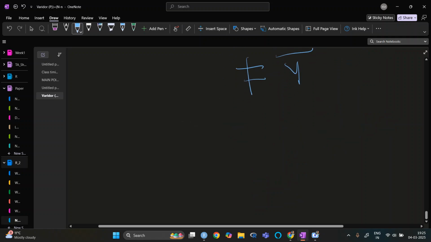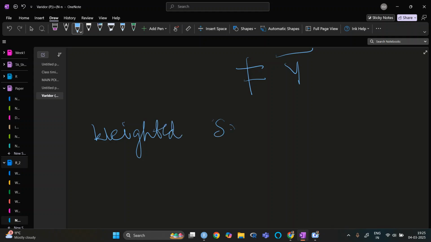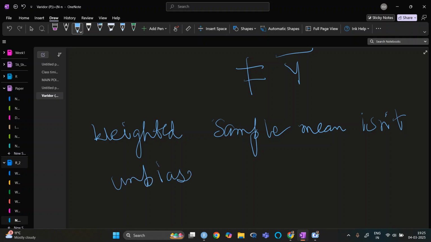So what we have understood is that the weighted sample mean is not an unbiased estimator of the population mean.